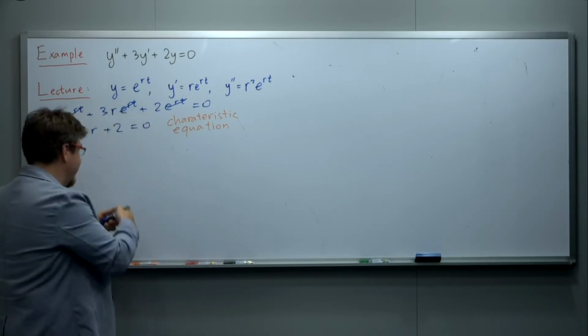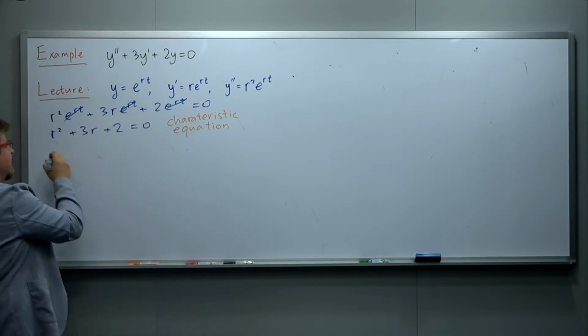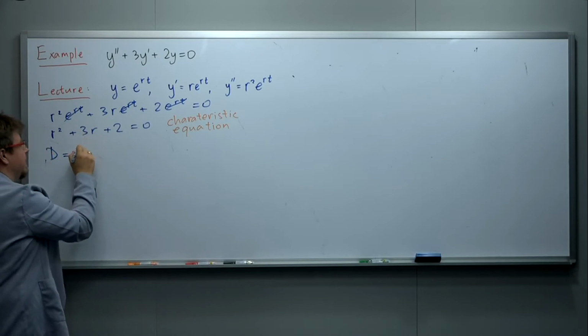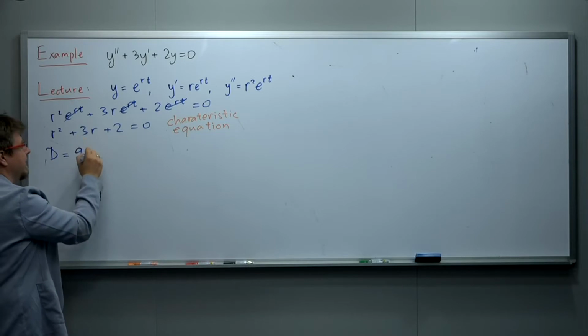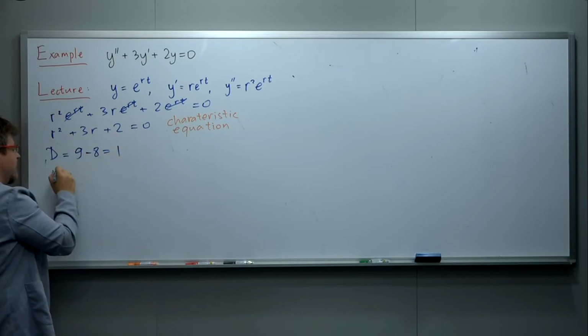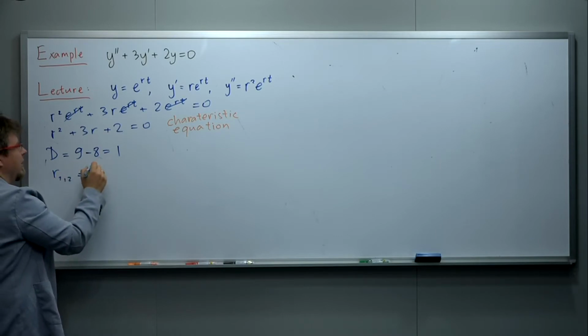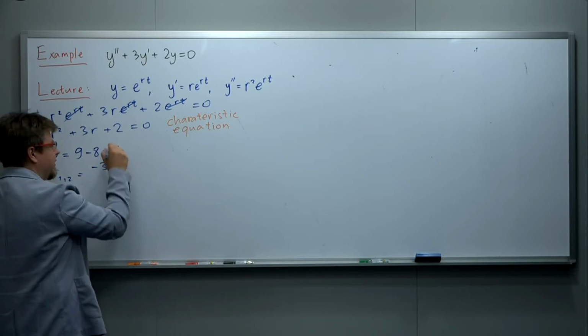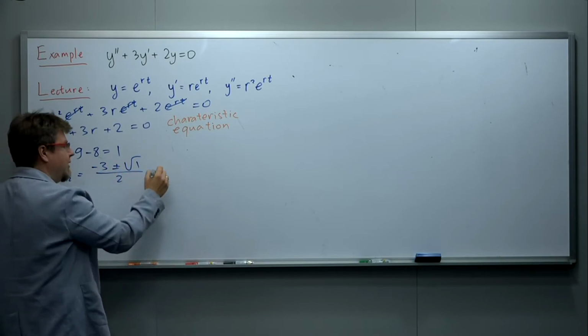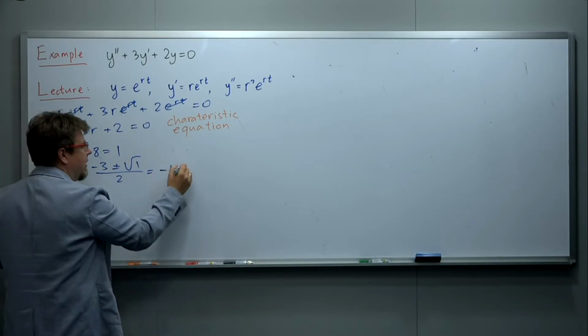It is a second order algebraic equation, so we can solve it by finding the discriminant. The discriminant is going to be 3 squared is 9, minus 4 times 2, minus 8, which is 1. So r1 and r2 are minus 3 plus minus square root of 1 over 2, and we get 2 solutions, which are minus 1 and minus 2.